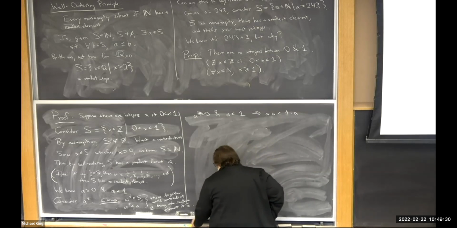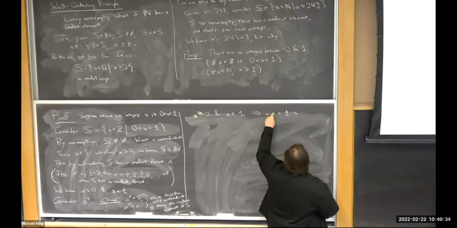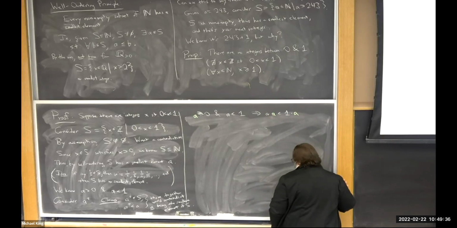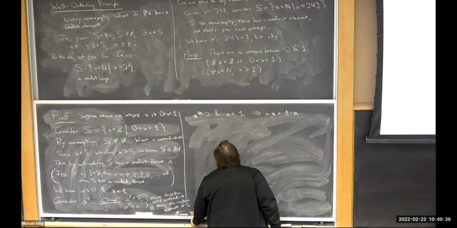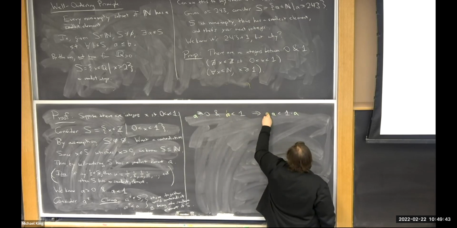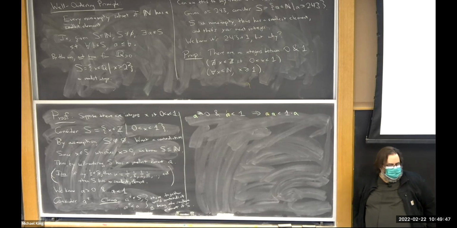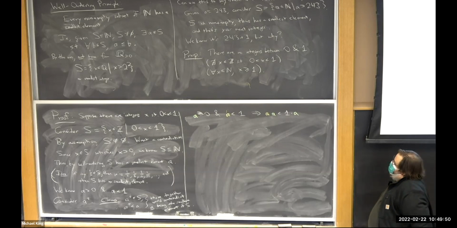I feel like I should color code my A's here. This A is this A. That's what we're saying, using that fact we proved. You multiply both sides of A less than 1 by that.